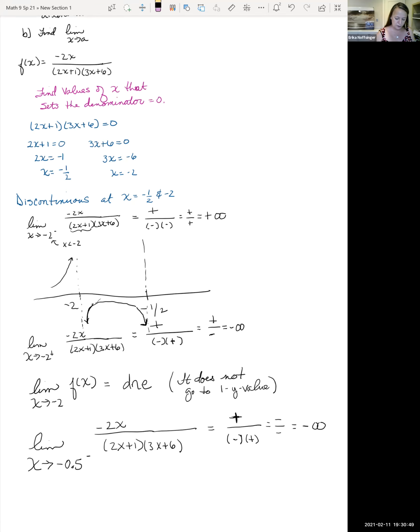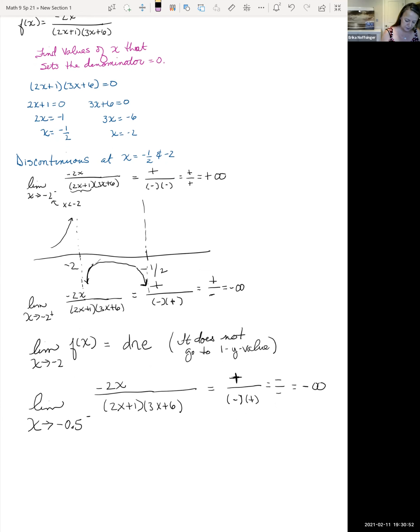And then one other one would be the limit as x is approaching on the right-hand side of negative 1/2. Well, negative 2 times a negative number is also positive. 2x plus 1, if you plug in a number like negative 0.49, so 2 times negative 0.49, something coming in to the right of negative 1/2, plus 1, that gives us a positive number.